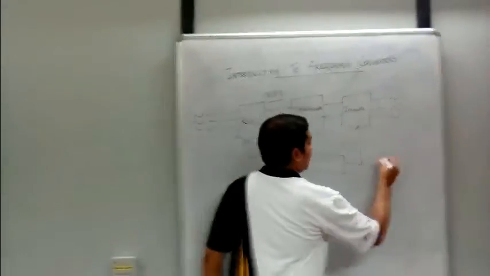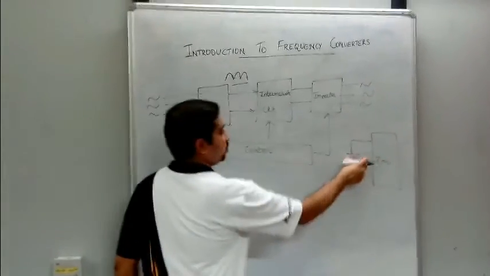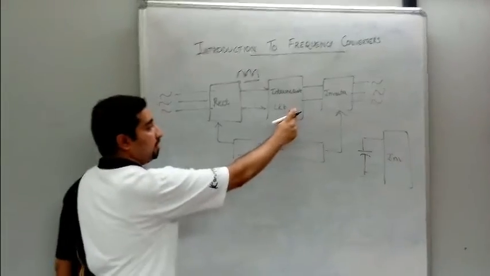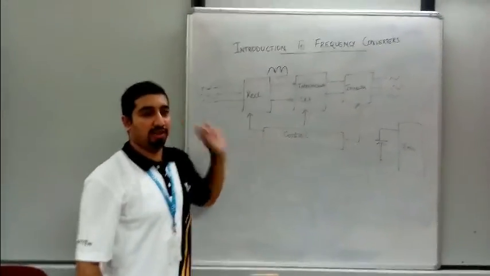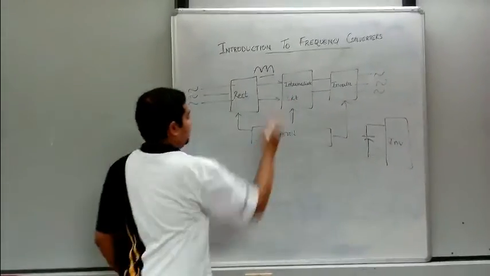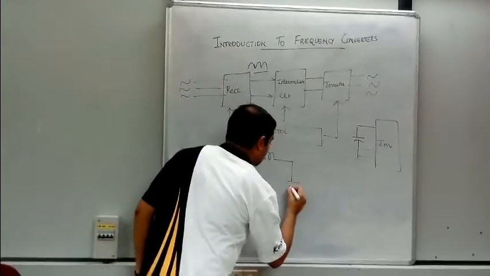We know that for a basic inverter, we have a DC storage. So this storage element is also provided by the intermediate circuit via a capacitor, and there are smoothing reactors. So therefore, the intermediate circuit will consist of a circuit something like this.